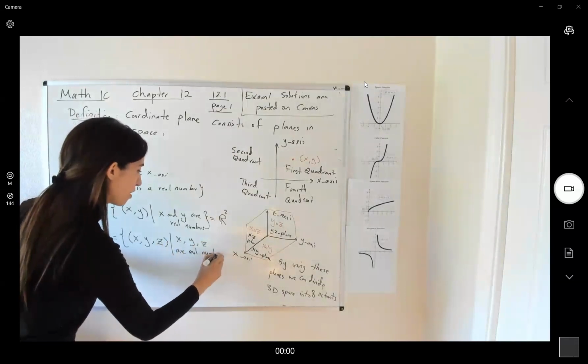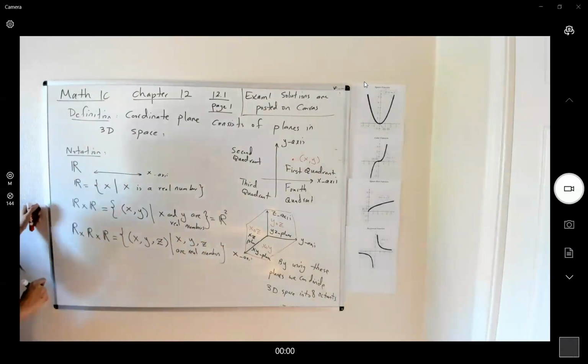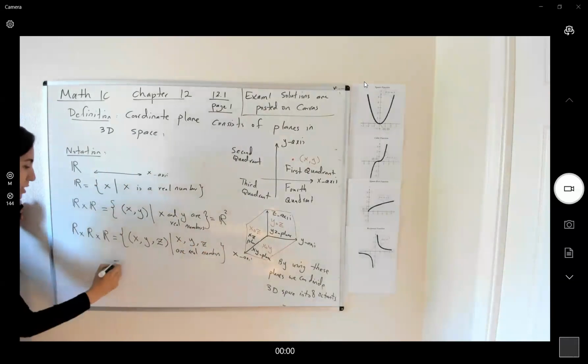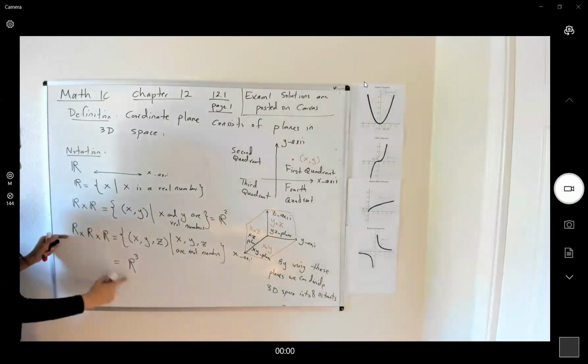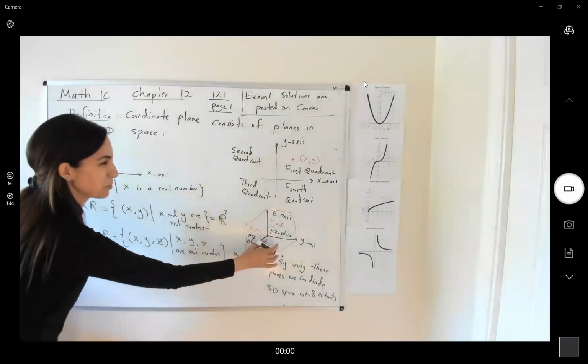As you guessed, we denote this by R to the third, and we say that they have a three-dimensional space.